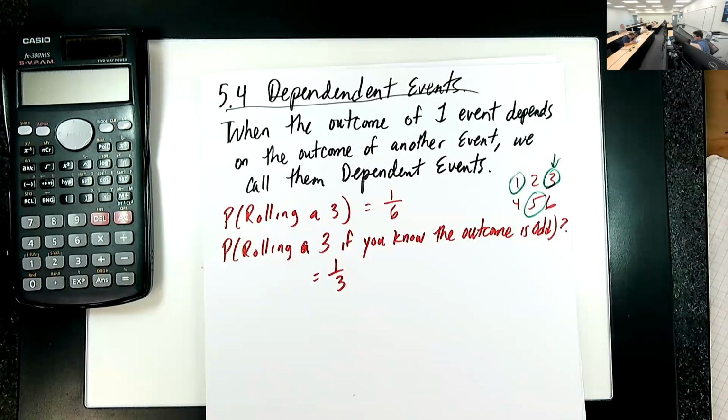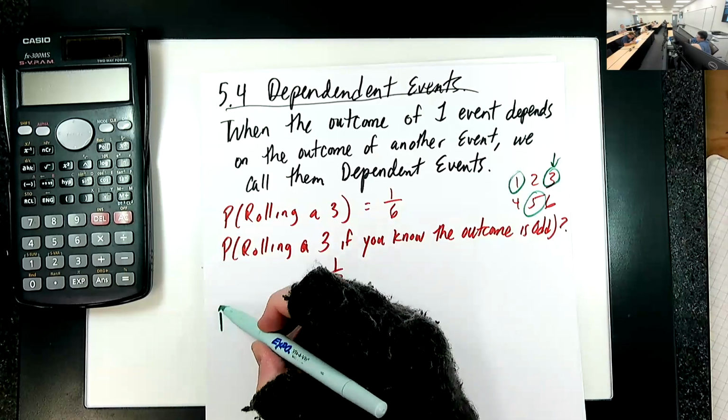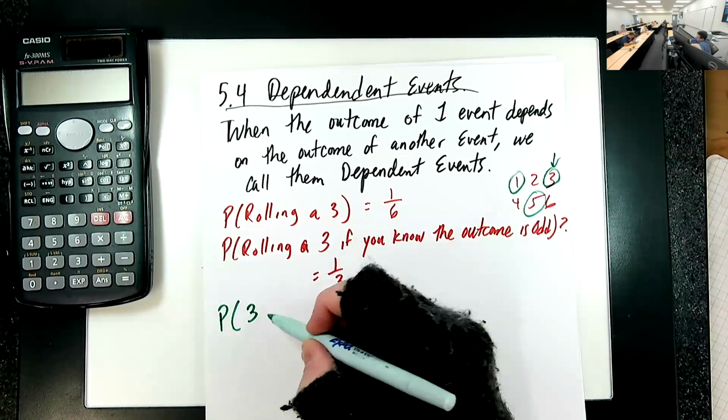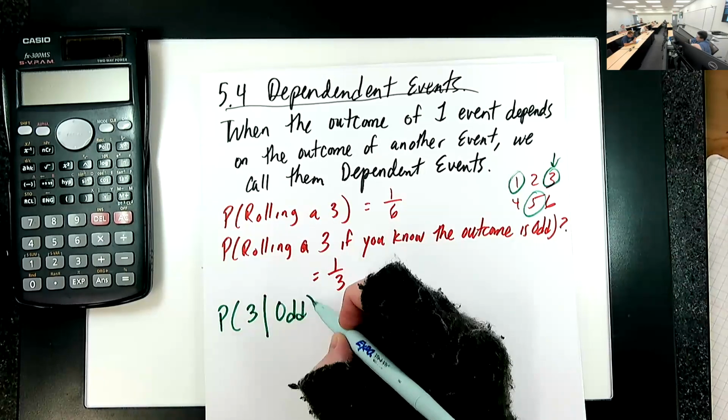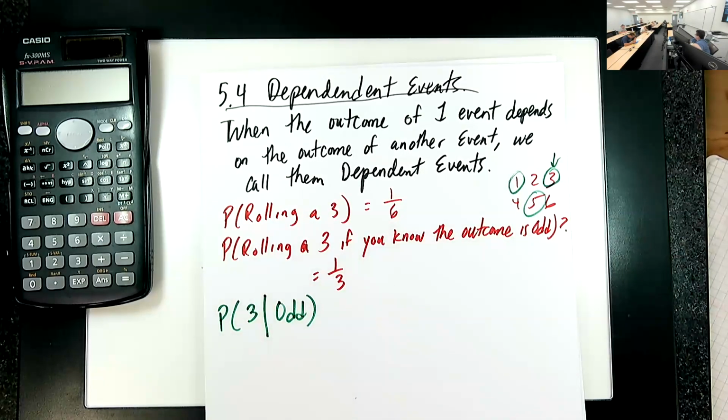The way we write this last thing symbolically in probability is we do probability of 3, and we put this giant vertical bar, and then we write the requirement, the pre-existing condition.